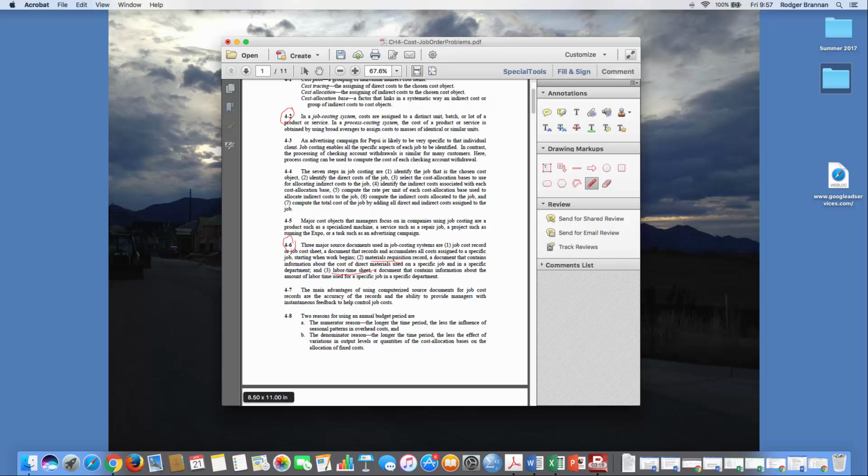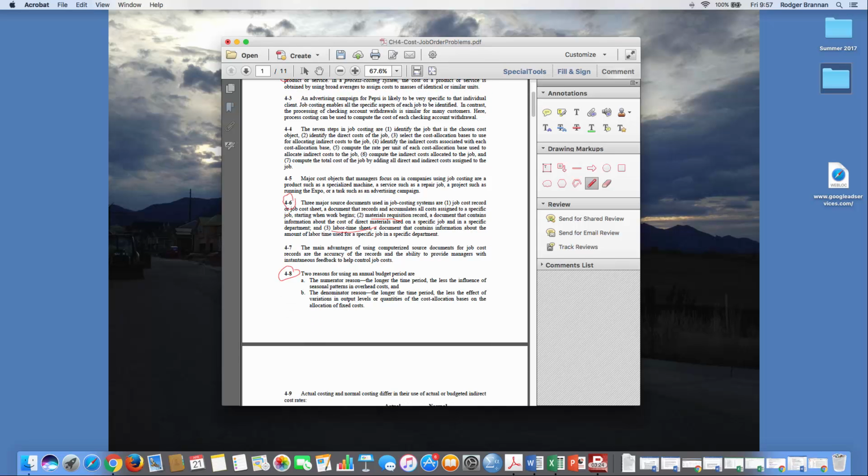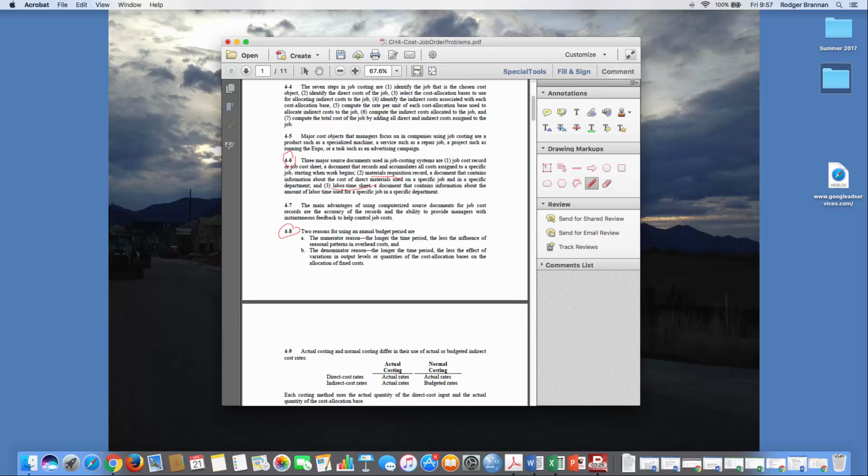Now, the issue that we're going to be looking at simultaneously with this is what do we do about overhead? Overhead is a little bit problematic in the sense that I really don't know what my total overhead is going to be until the end of the year. However, along the way, I may want to bid on a job.